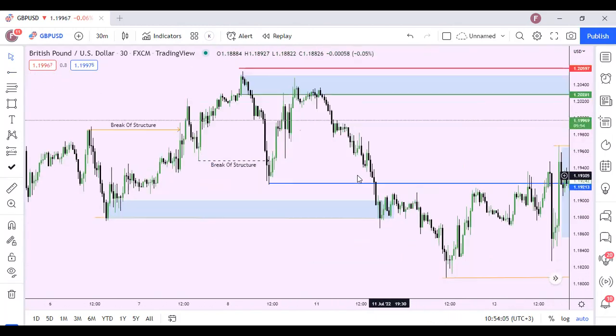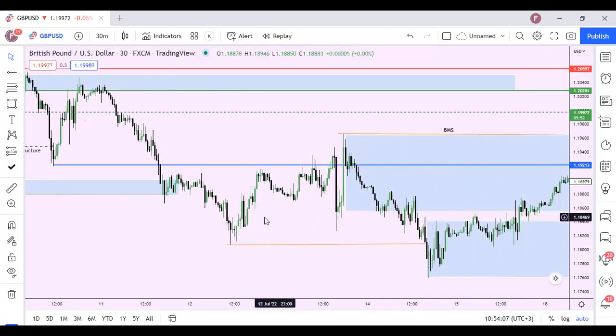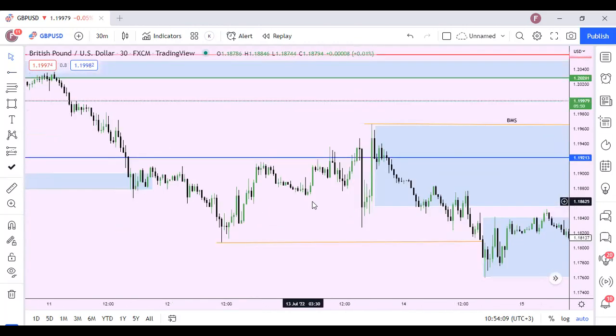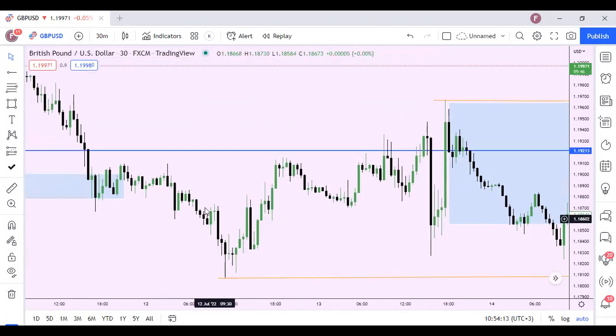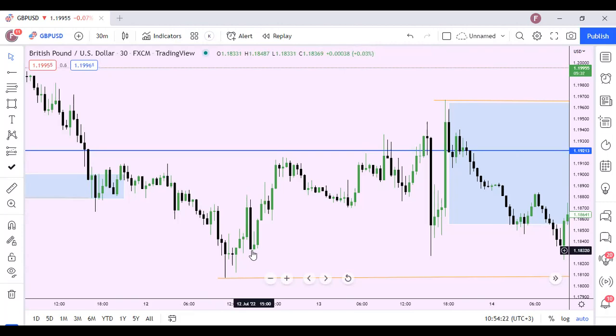I'm also going to show another example here. Even these small areas, and this small area here. Let's see. The market was coming low, high, lower low, lower high, then higher low. This is a higher low, then it went higher high. So this high was broken.